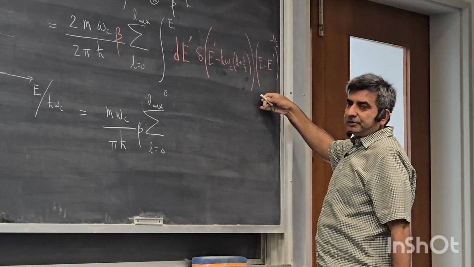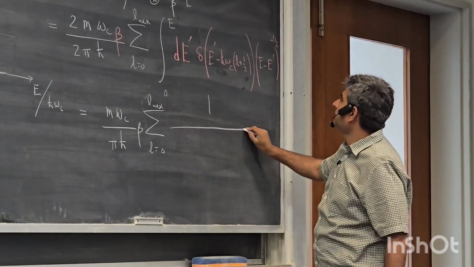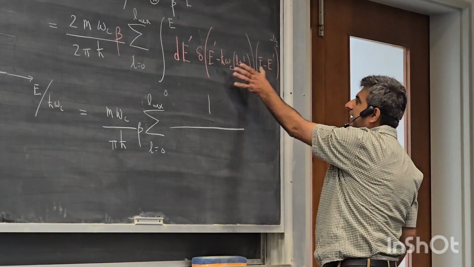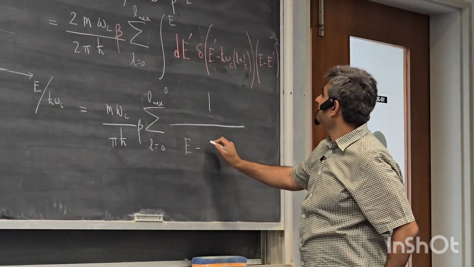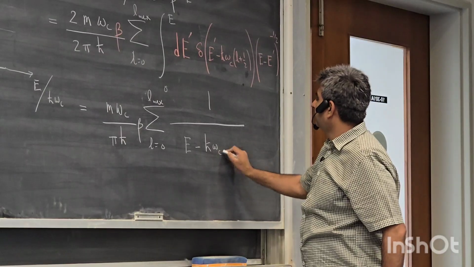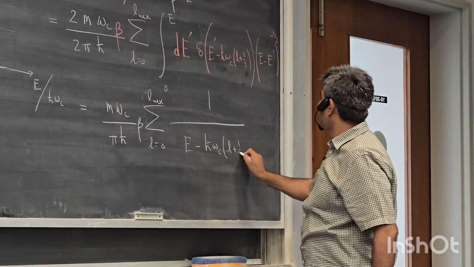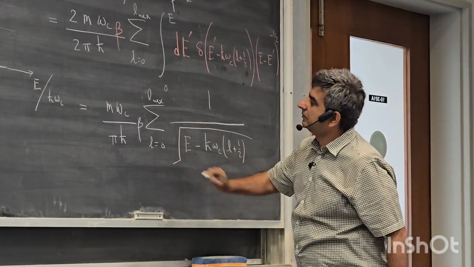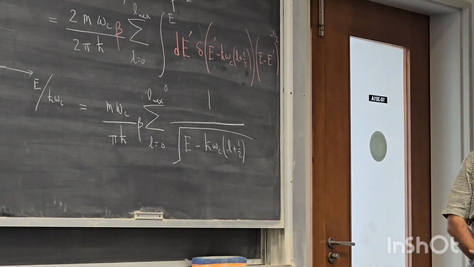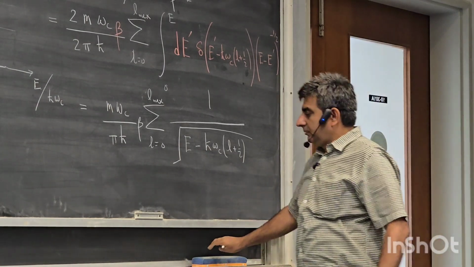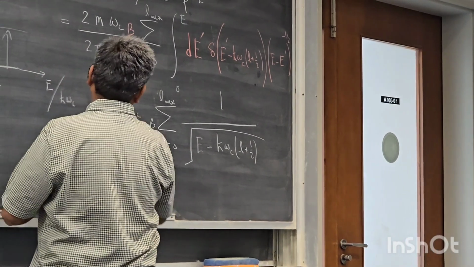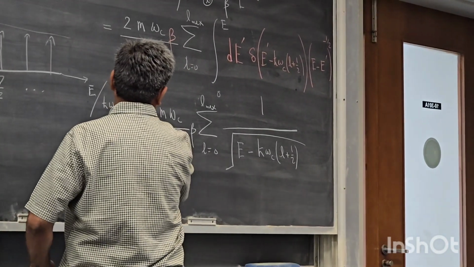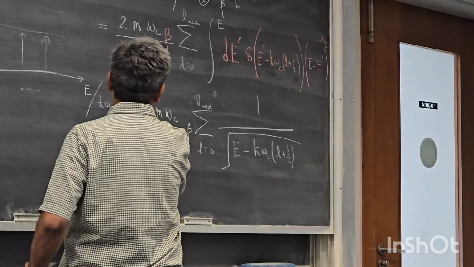I just take this into the denominator, 1 over, I need to replace this E prime with this thing, square root of E minus h bar omega c, L plus half. So this is my density of states in 3 dimensions, in the presence of a magnetic field.